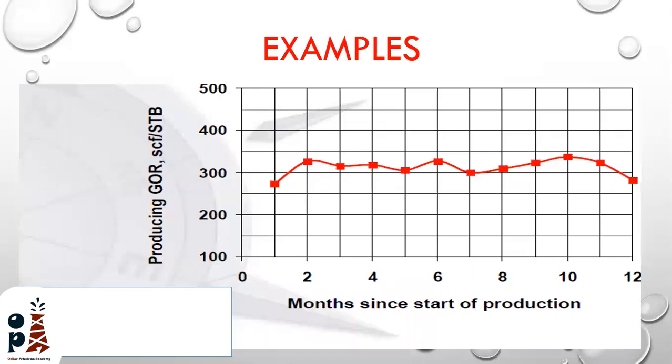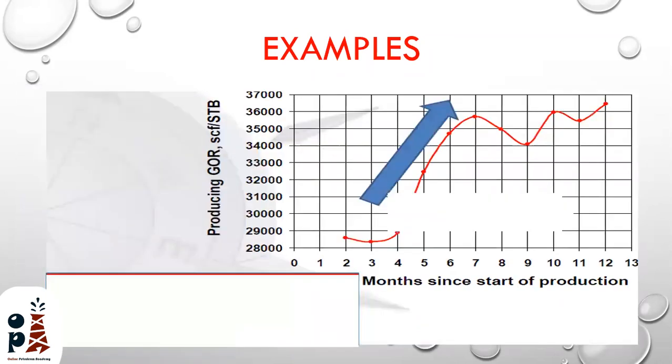This example for the GOR versus production time, we have that the average GOR is about 300, so it is a black oil reservoir. We have also the GOR versus production time.